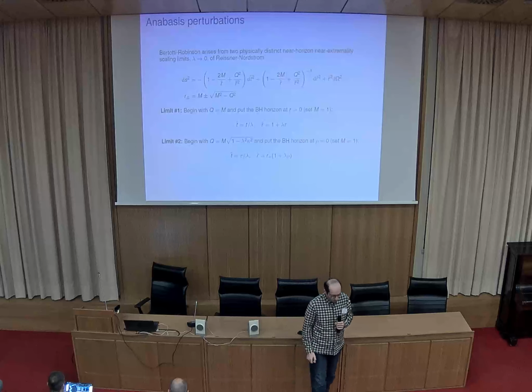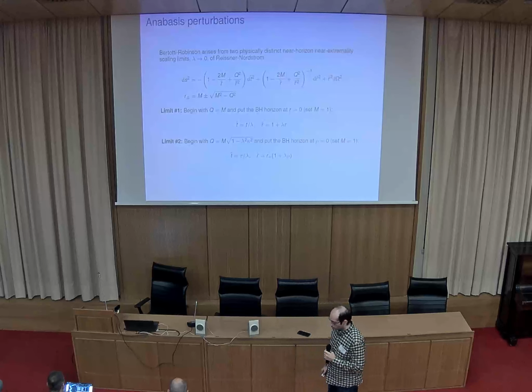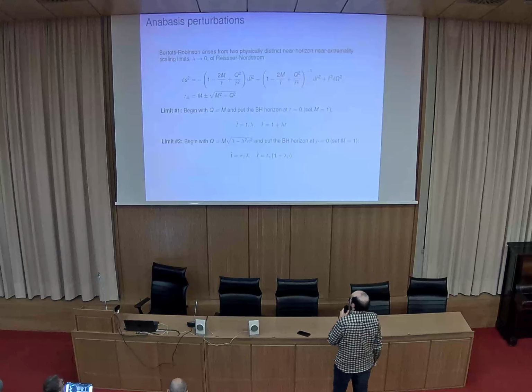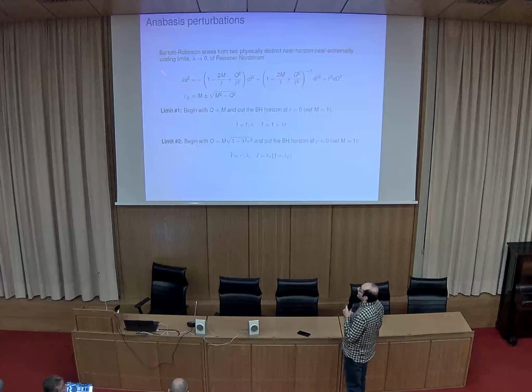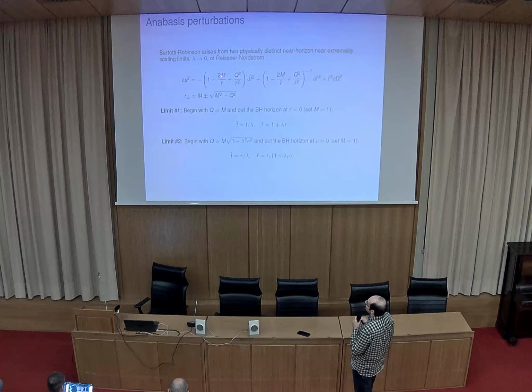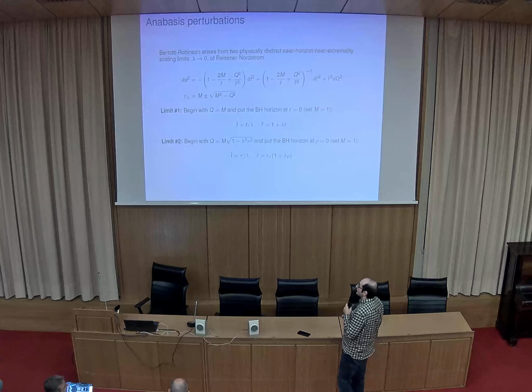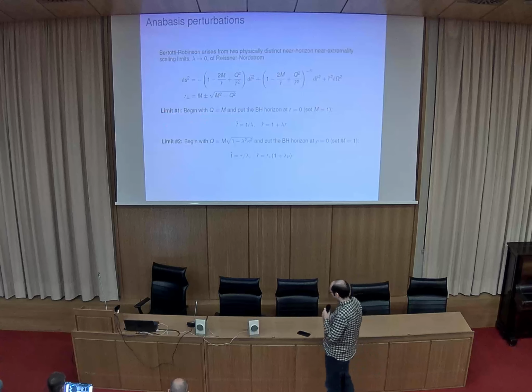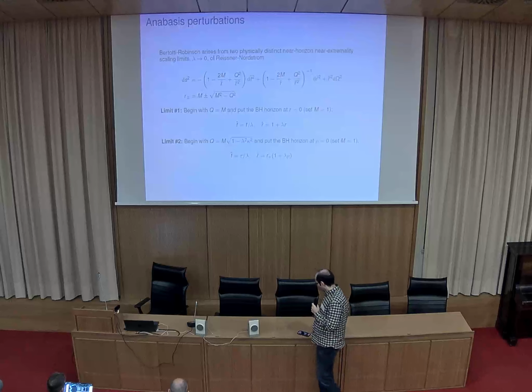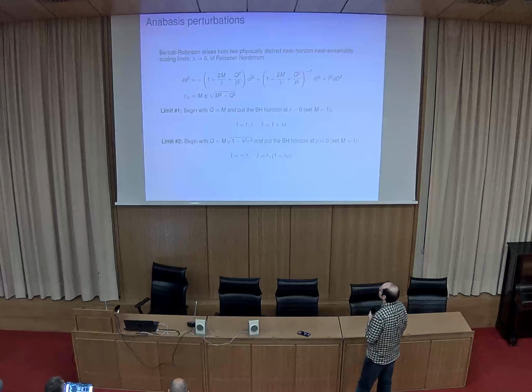All right. So why are there these two cases? Because there are two ways to do anabasis of BR, of Bertotti-Robinson. So Bertotti-Robinson can arise from the near horizon of this Reissner-Nordstrom black hole of charge Q and mass M in two different ways. So the first way, the first limit here, is to set Q equal to M from the start and write the one parameter family of coordinate transformations like this, which puts the horizon at R equals 0.